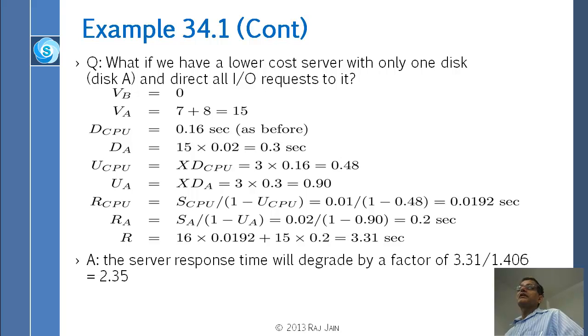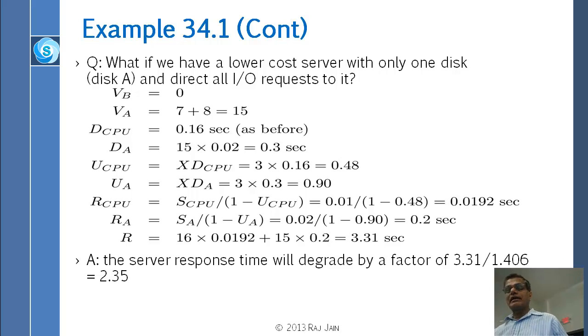Disk A becomes the bottleneck. If you just have one disk, obviously that will become the bottleneck. And the response time will go up to 3.31 seconds, so by a factor of 2.35. So such things you can do.